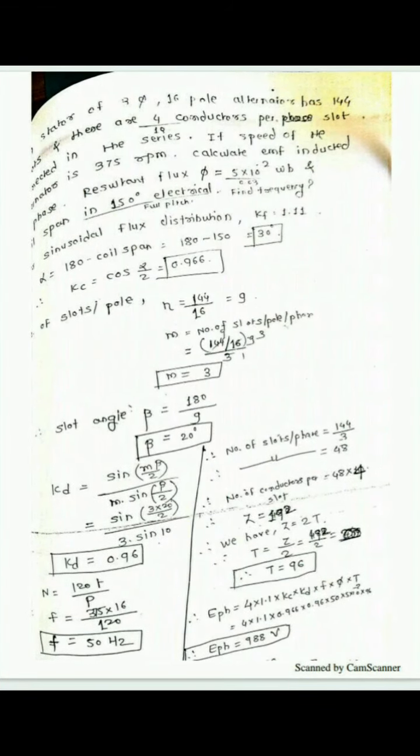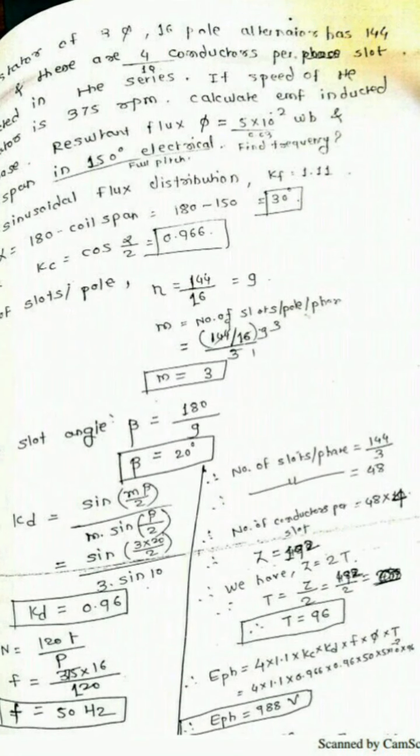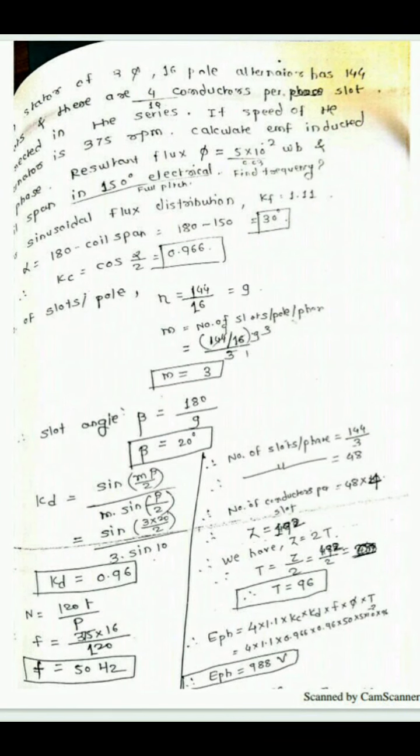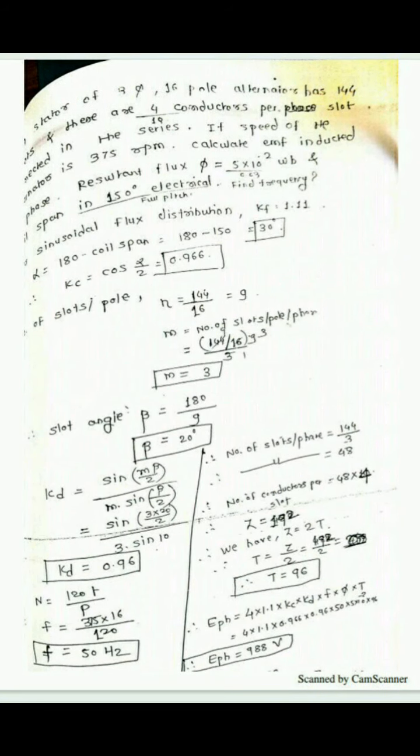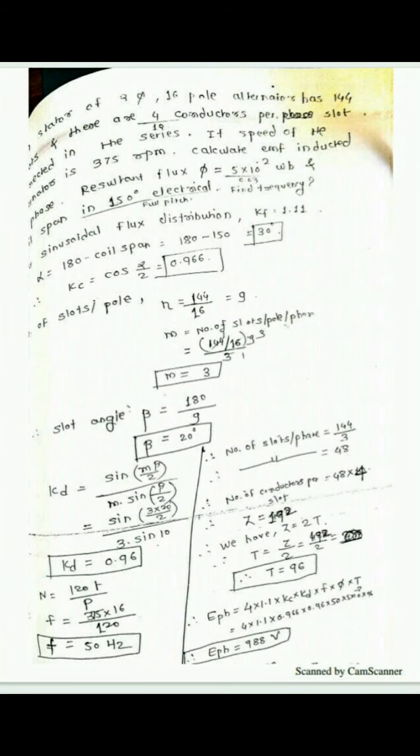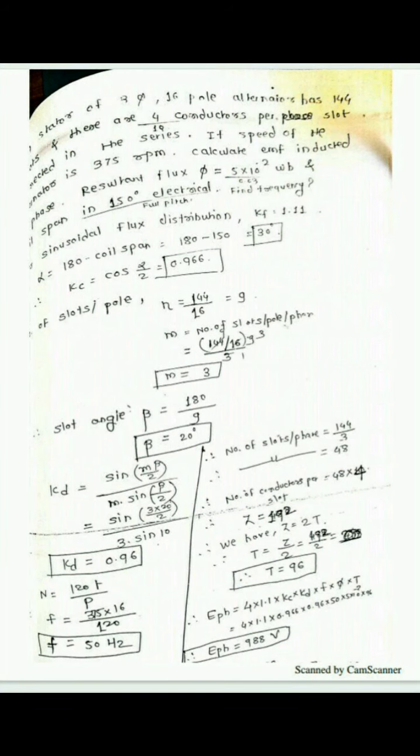The stator of a 3-phase 16-pole alternator has 144 slots. There are 4 conductors per slot connected in series. If the speed of the alternator is 375 rpm, calculate the EMF induced per phase.